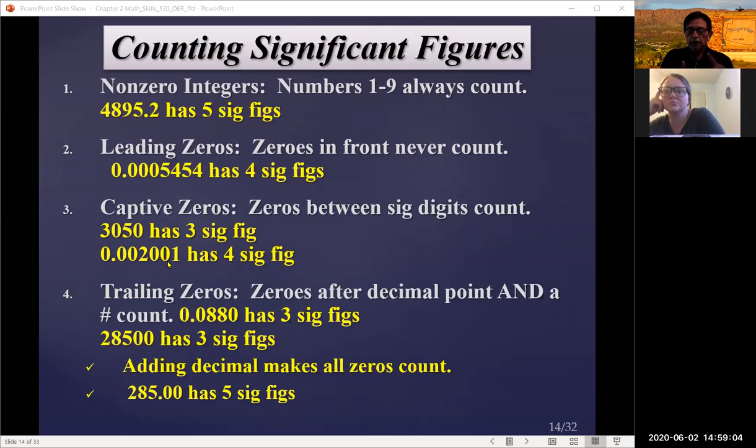Question number 1: is there a decimal point anywhere in that number? If the answer is yes, that 0 becomes significant. And second question: is there an integer in front of that 0? If the answer is yes, that 0 is significant. If the answer is no to either of those 2 questions, the 0 is not significant.